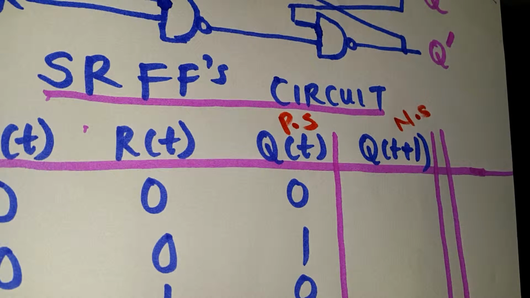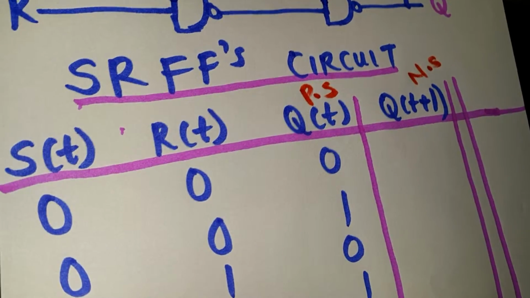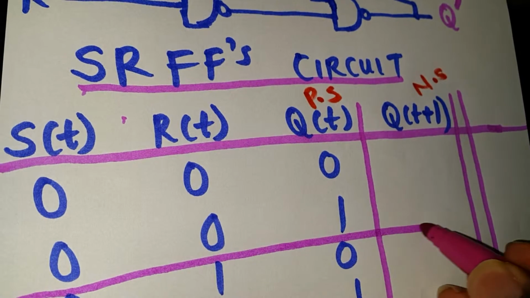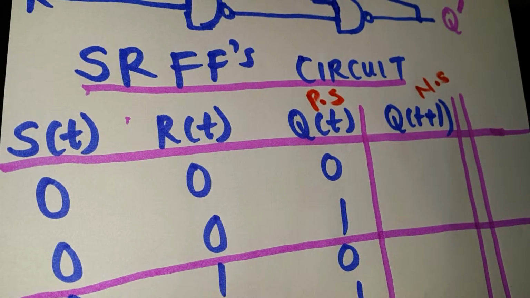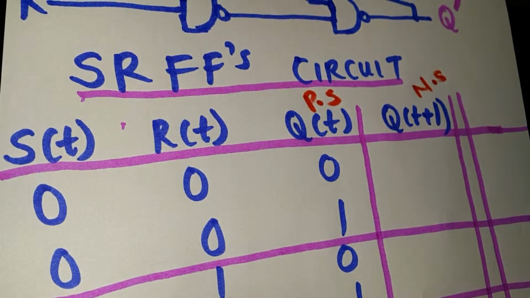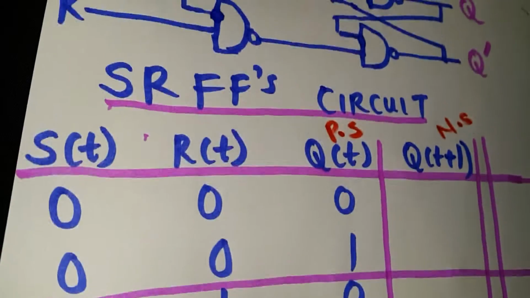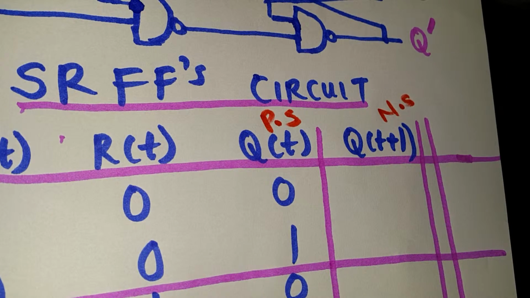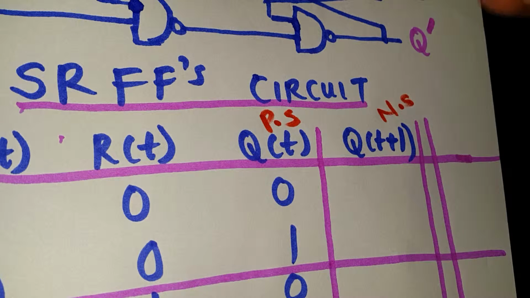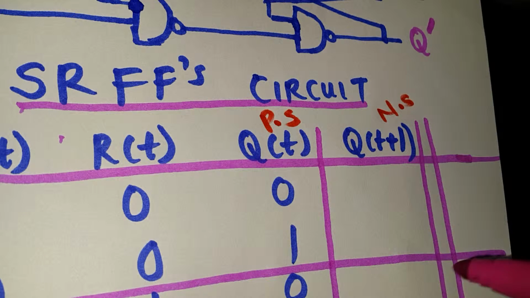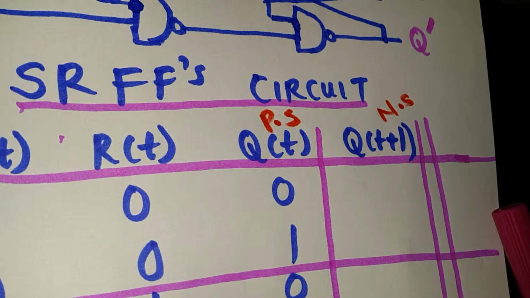So I think I have to underline this so that you will understand better. We have this block and this block. So these are blocks. Here the shortcut is that getting it from the circuit is somewhat complex, that's why I just want to give you the shortcut. The first thing you have to do with the SR flip-flop table is to check our present state.